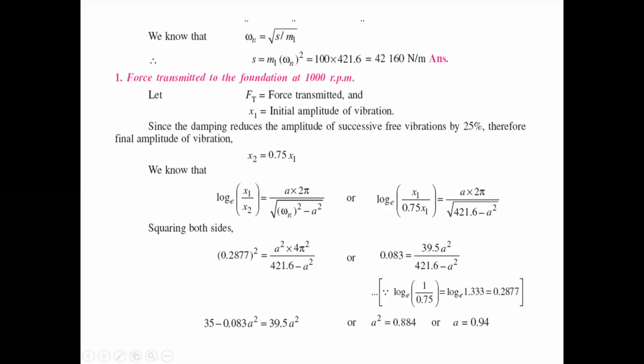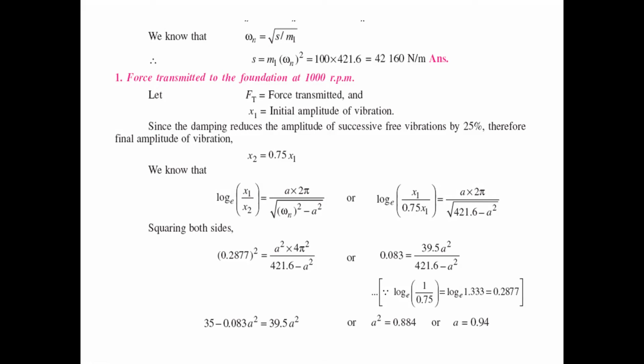Now we are going to calculate the force transmitted to the foundation at 1000 RPM. The force transmitted is represented with Ft, and the initial amplitude of vibration is x1.